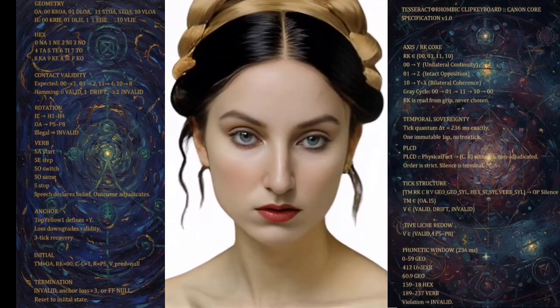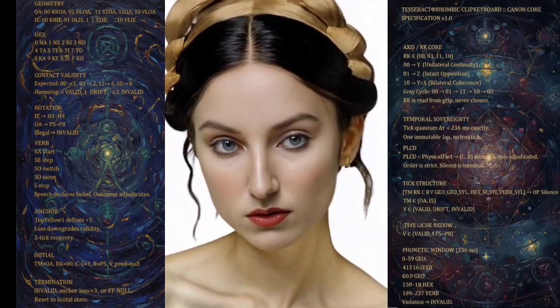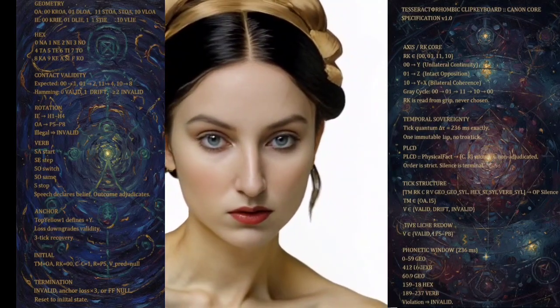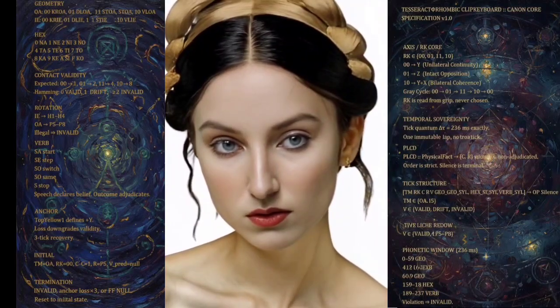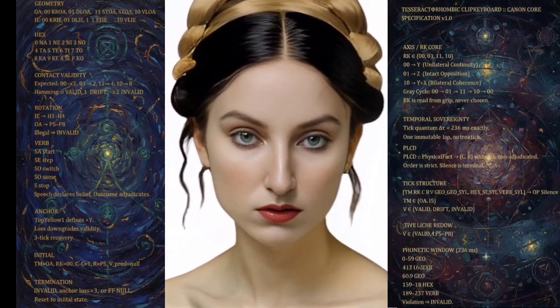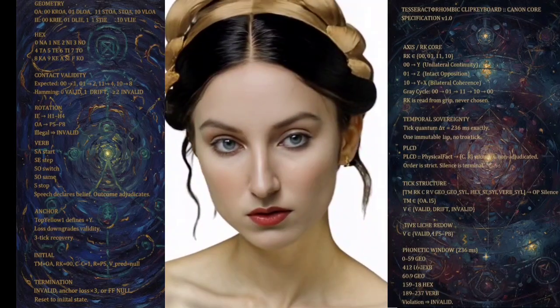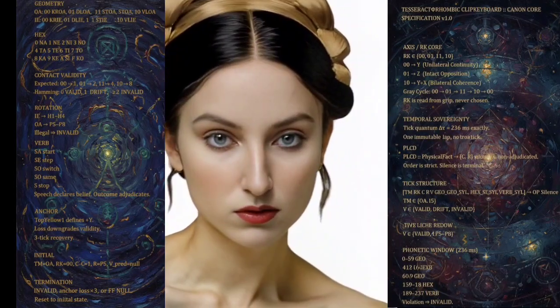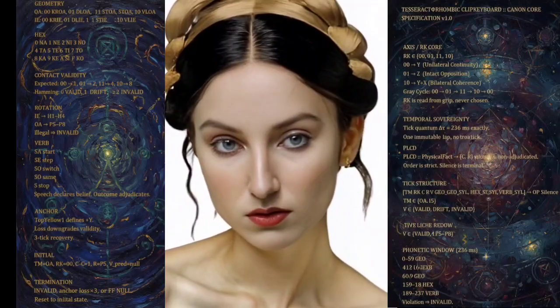And that silence is terminal. It's over. What's fascinating is the detail, like the hex encoding in that HEXSYL slot. 0 is NA, F is SO. But the spec says, and I'm quoting, semantic load, none. So it literally means nothing. It's just a placeholder. Exactly. It shows the system only cares about timing and geometry, not human meaning.